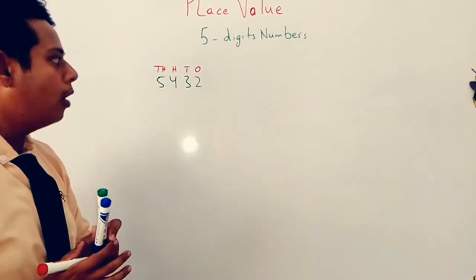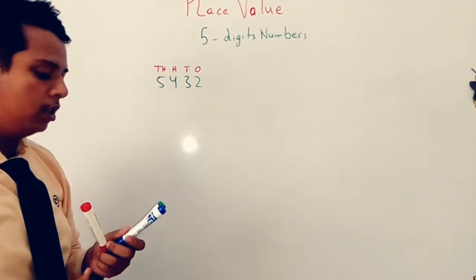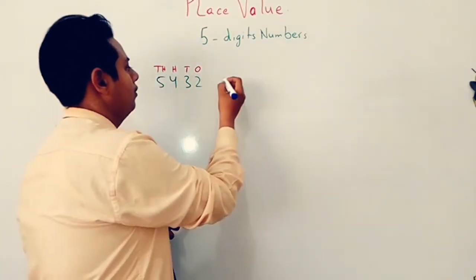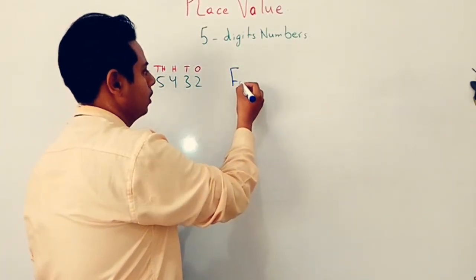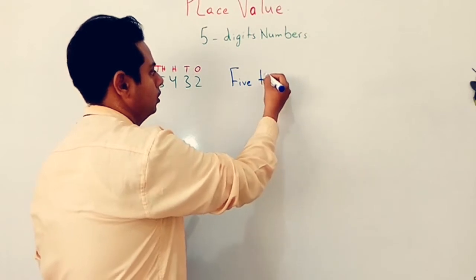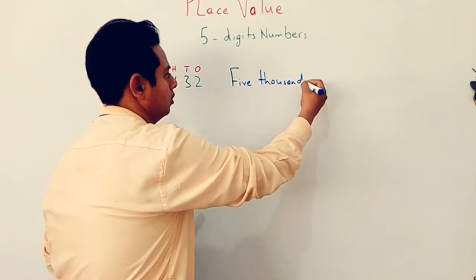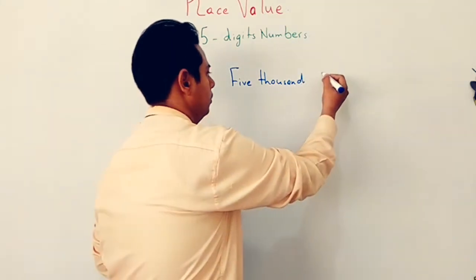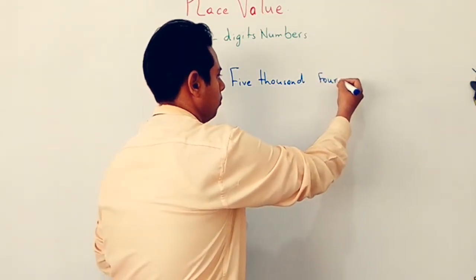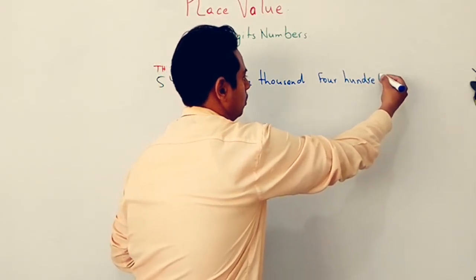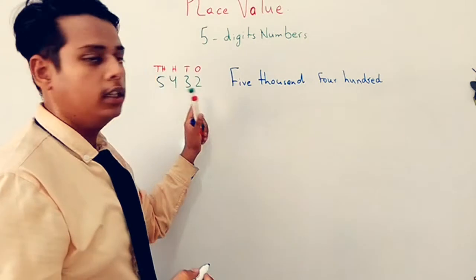So how can I write the name of this one? What will be the name? 5,000, 400, 32.